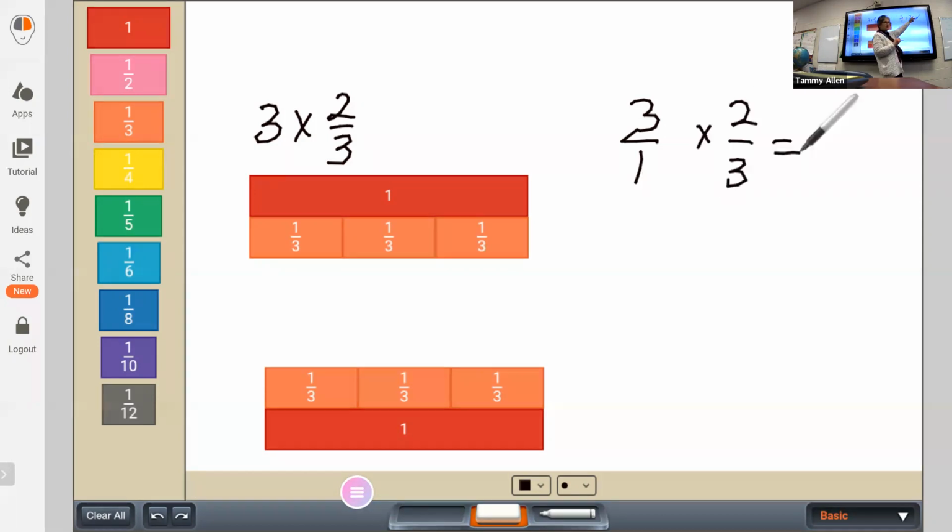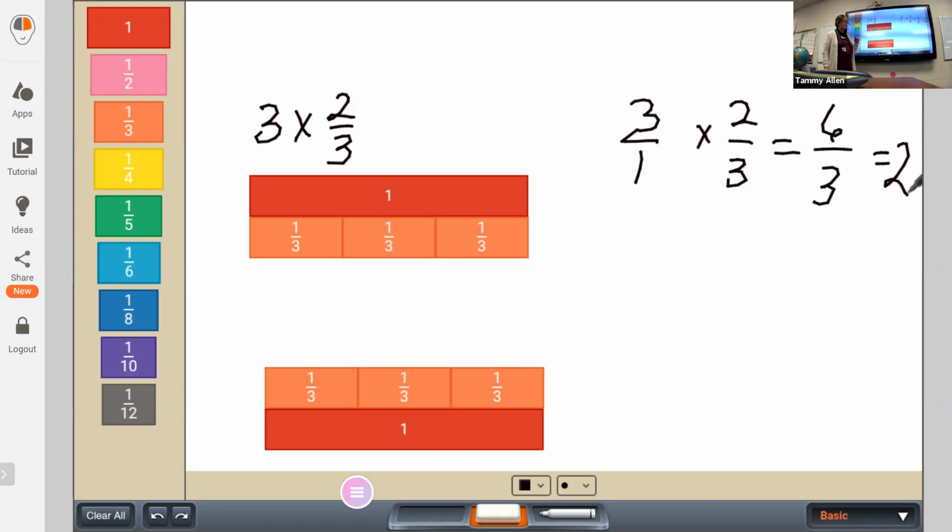What's 3 times 2? 6. Now, the other thing I want to show you, I had 6 thirds. Does that help you understand where that 6 thirds comes from? And what's 6 divided by 3? 2. All right?